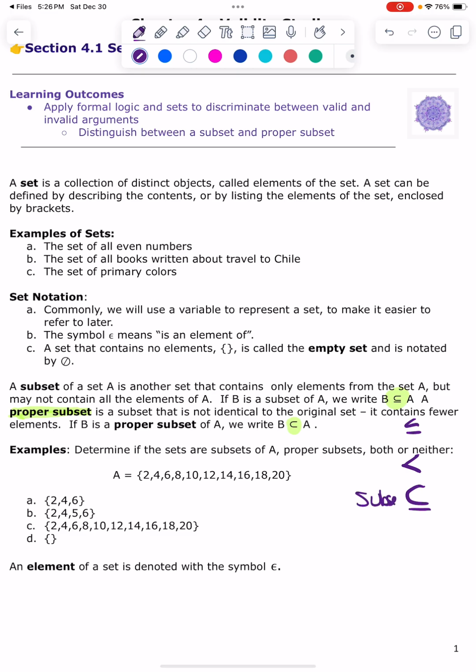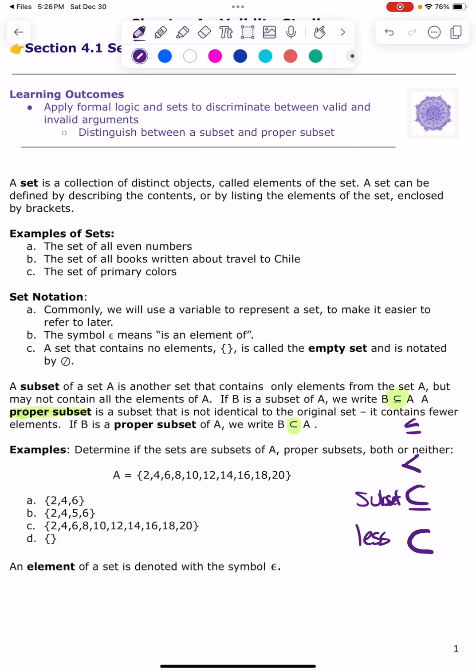It could be the same, or it could be less than the original set. And then proper subset, it has to be at least one less element, but everything that's in the proper subset has to be in the set itself. So you're looking at all similar elements.